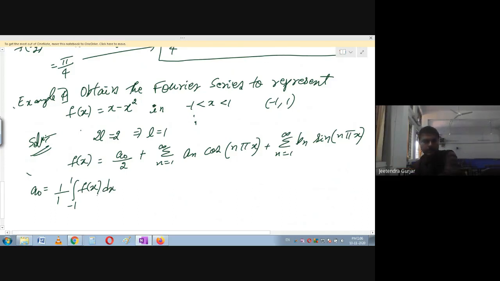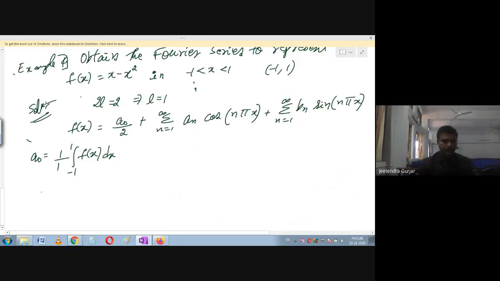x minus x square, so this is dx. So now we substitute the f of x value. So this is equal to 1. I am going to take the constant, leave it, integration -1 to 1 x minus x square dx. Okay, this is very simple, students.